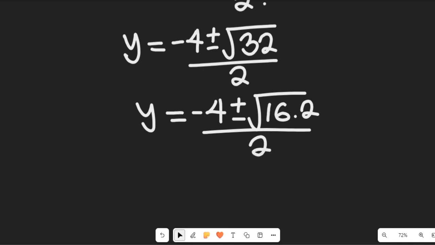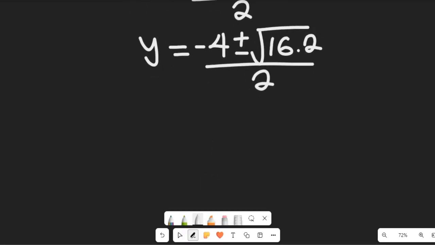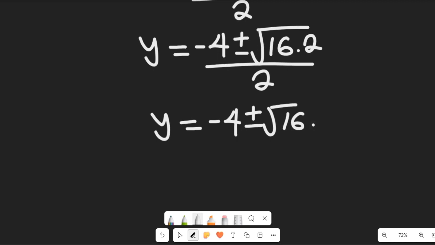So y will be equal to negative 4 plus or minus the square root of 16, which is 4, multiplied by the square root of 2, and all these will be divided by 2.